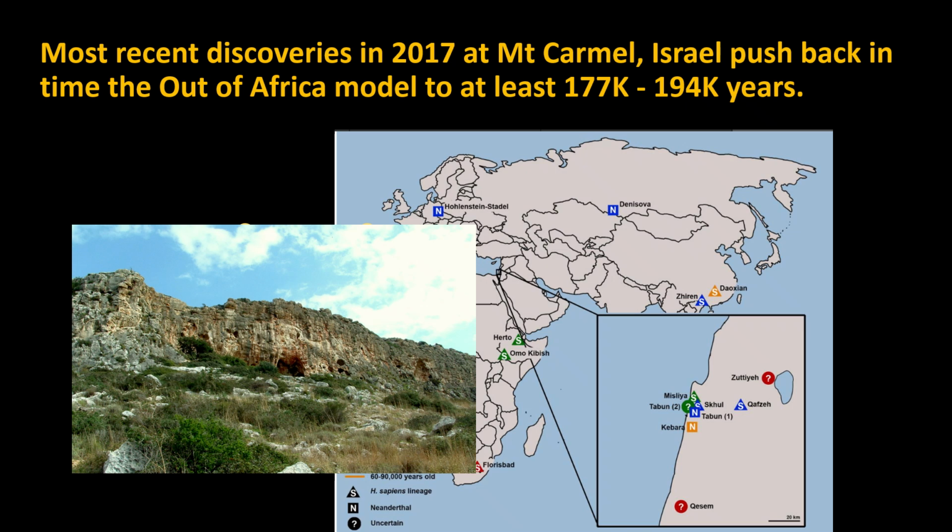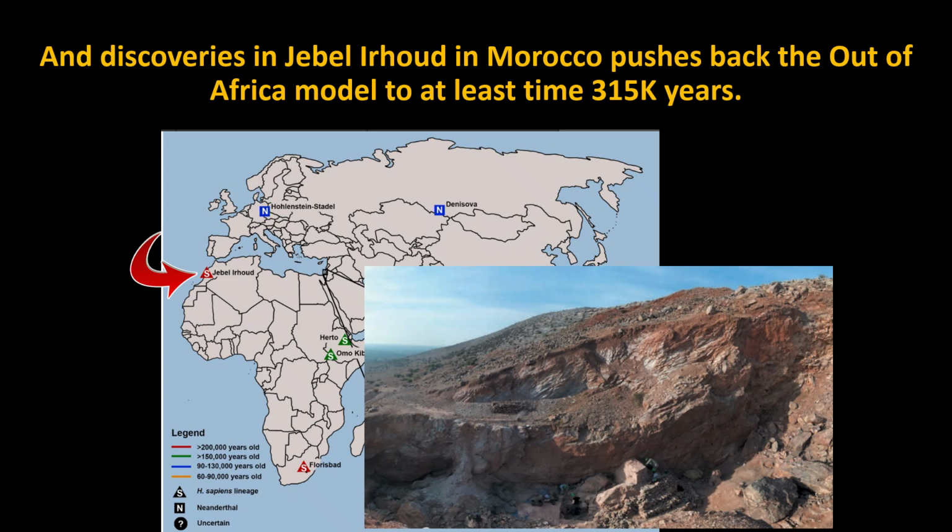This finding significantly pushes back the out-of-Africa migration timeline by at least 50,000 years, suggesting earlier and potentially multiple dispersals of Homo sapiens from Africa, accompanied by sophisticated tools and fire use. The discovery at Jebel Irhoud in Morocco is even more significant than the Mount Carmel findings, as it pushes back the earliest known evidence of Homo sapiens to approximately 315,000 years ago.